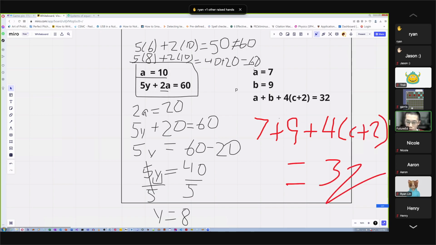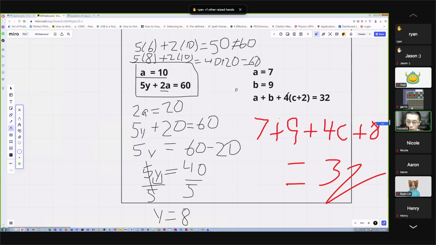Okay, so I see you substituted A, B, and wrote them in the third equation. Awesome. How are you going to continue? So we just continue by... Okay.